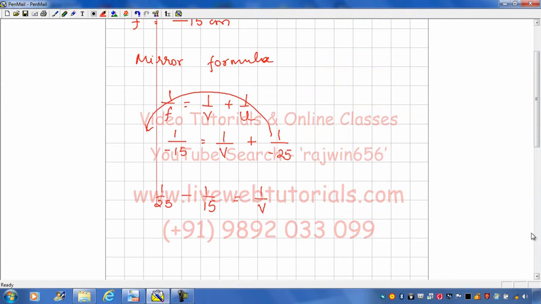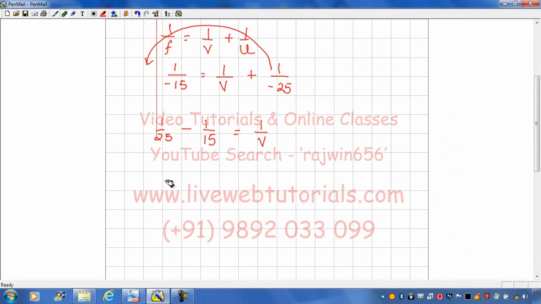So this becomes, 25 and 15, the LCM is 75, 25 3s are 75, 15 5s are 75, this is equal to 1 upon v. 3 minus 5 is minus 2 upon 75, that is equal to 1 upon v.